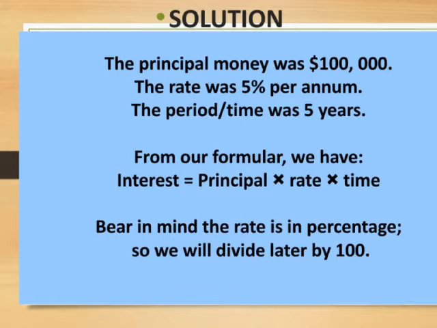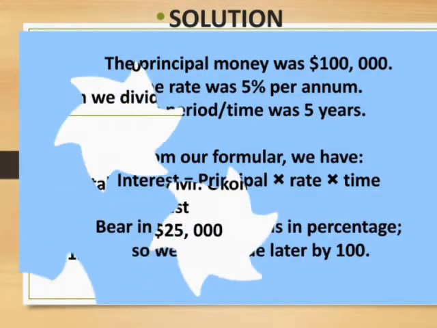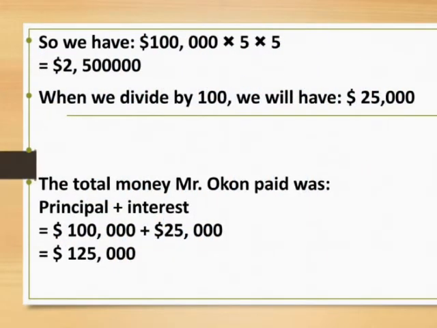We have to bear in mind that the rate here is in percentage, so we will divide later by 100. So solving out, we have $100,000 times 5 times 5. This will give us $2,500,000. When we divide by 100, we will have $25,000.